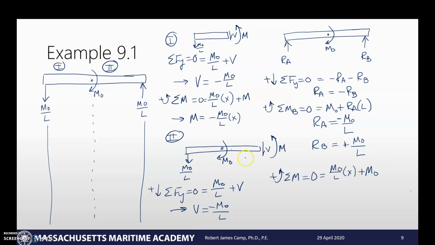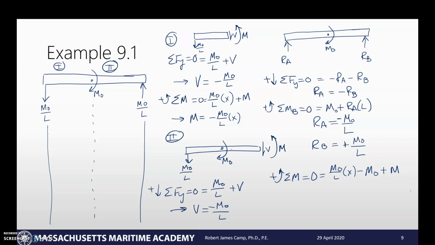And then I have m here. Oh, I'm sorry, that's going clockwise, so that's in the negative direction. This guy, m naught over L, is going in the counterclockwise direction, which is positive. And I have the internal moment, which is also positive.